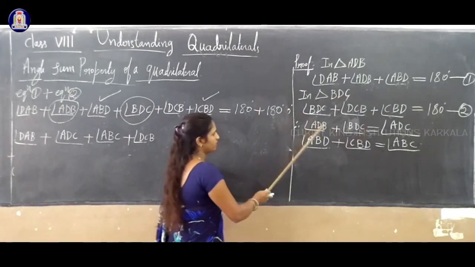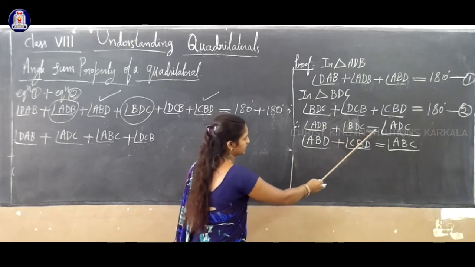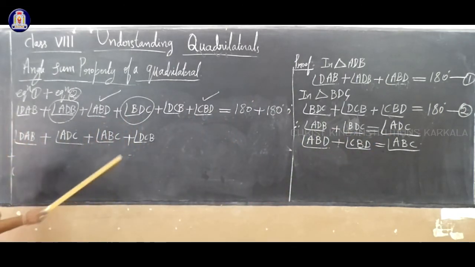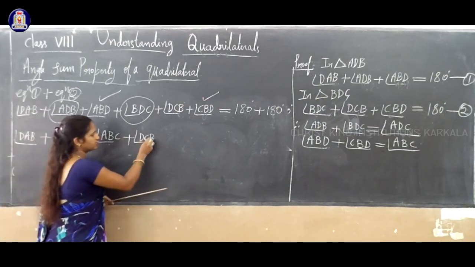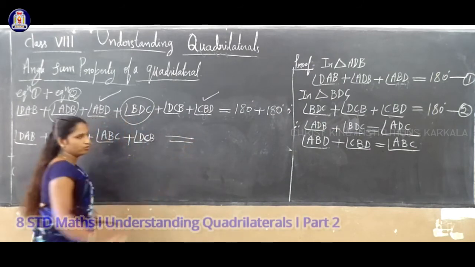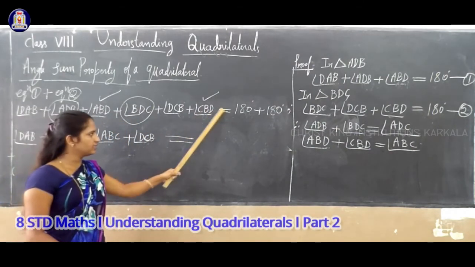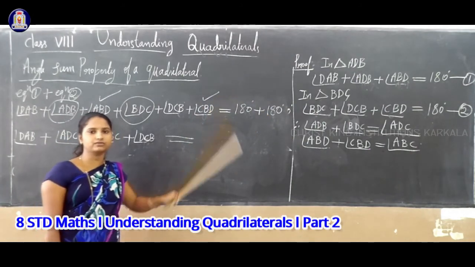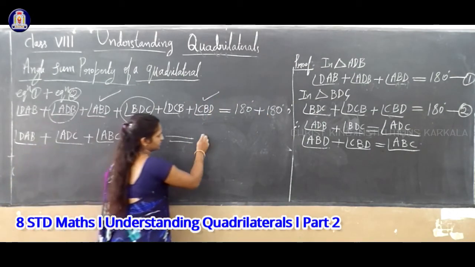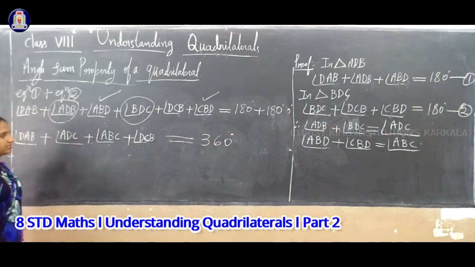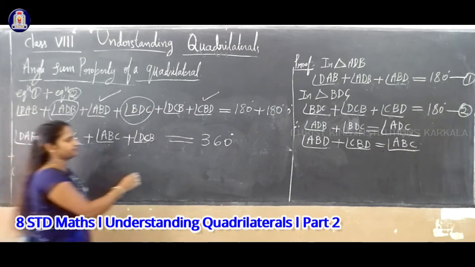In the figure, if you add ADB and BDC, we get angle ADC. Clear? So similarly, ABC plus DCB is equal to 180 degree plus 180 degree. 180 plus 180, 360 degree. Correct? Clear?